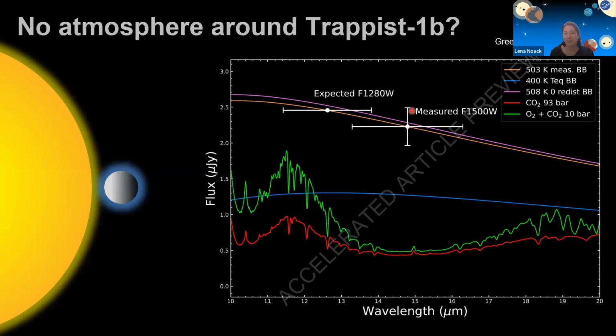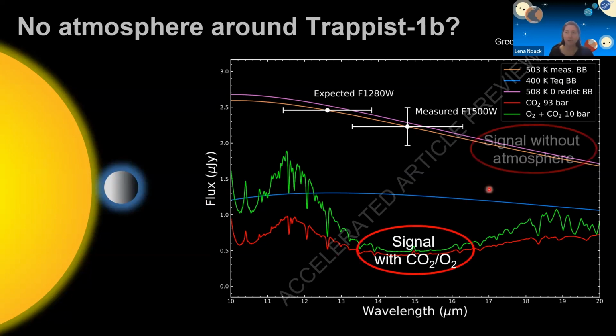And this is actually based on one measurement point. So this is what has been measured. This is the signal that we would get with a CO2 atmosphere. This is the signal that we would get without an atmosphere. So just based on this one measurement point, one may expect there not to be an atmosphere around TRAPPIST-1b.